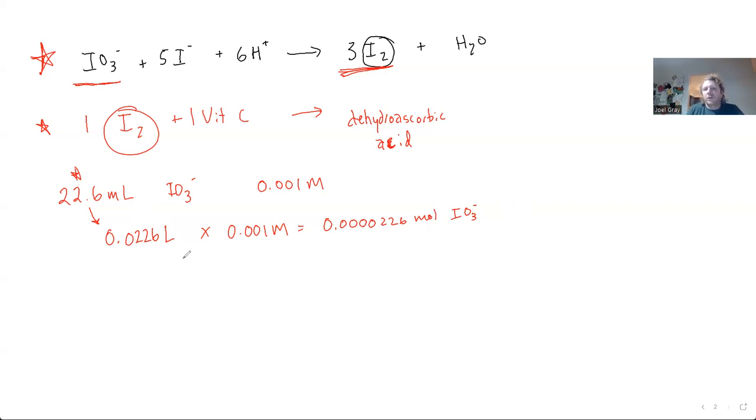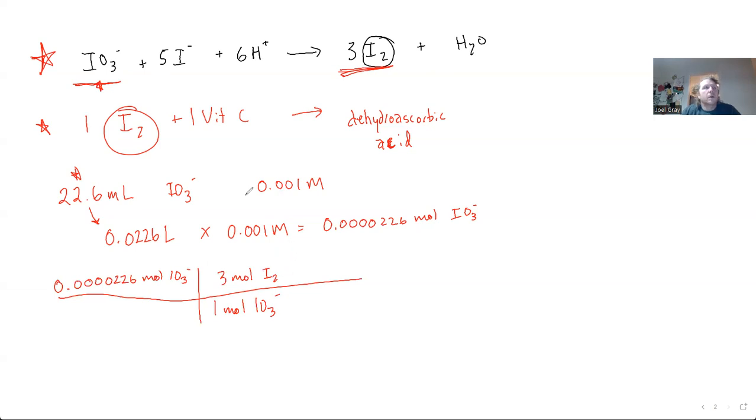Now we can get to the dimensional analysis and look at our ratios of our iodate to our iodine. 0.0000226 moles IO3 minus. We can look back to our chemical reaction that we're concerned with, and say that this is 1 mole of IO3 to 3 moles of I2.